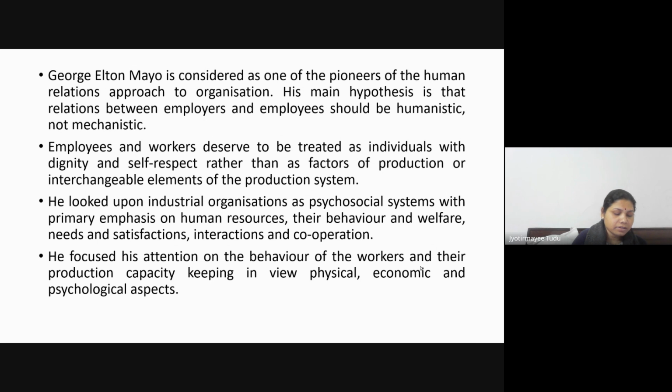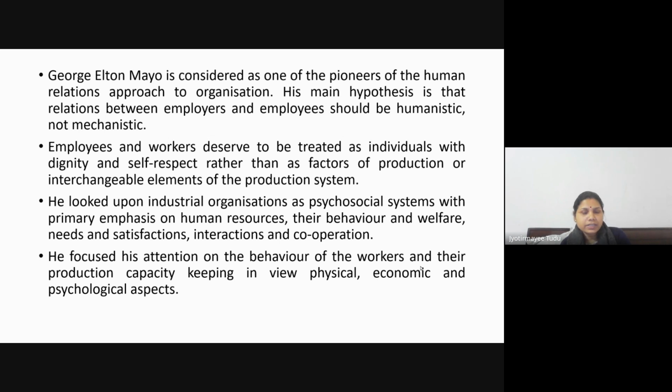Essentially, it is about the behavior of the worker, how workers perceive the production. That matters. Do workers perceive the production only in terms of the organization's output, or do they think that the production needs to be done because it also brings a sense of reputation and recognition to us?